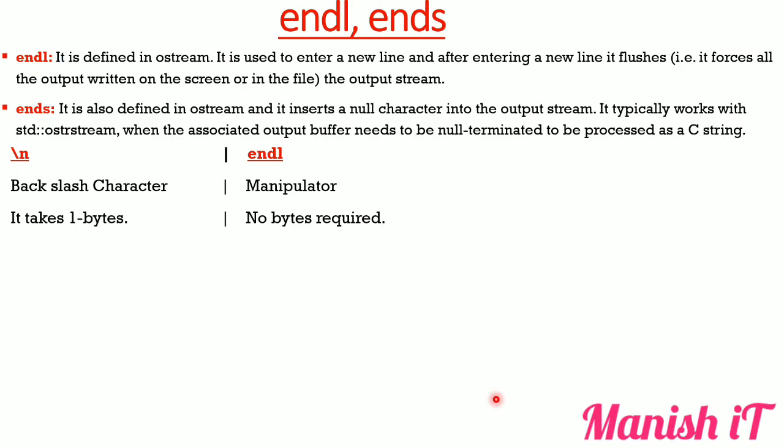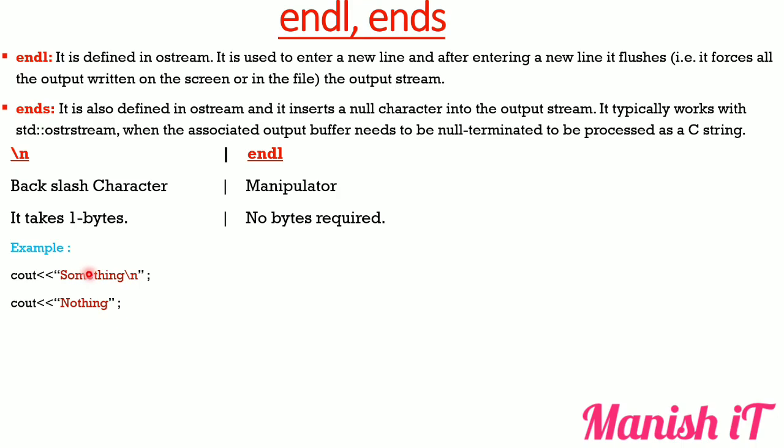So suppose I take an example. I am going to give you one example for slash n as well as endl. Suppose I want to print something and nothing. I have written all these things in double quotation marks, whatever we want to print on the console screen.